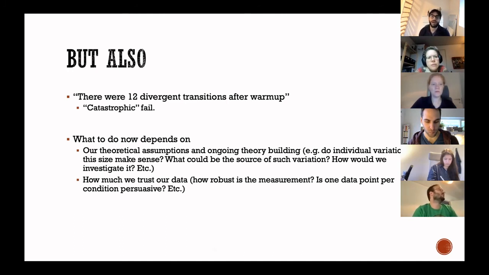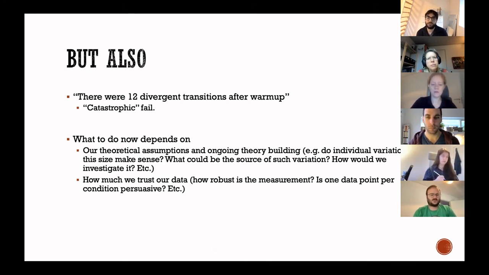Also, as you run the model, it will warn you that there were 12 or whatever number, because it's a probabilistic process you might get a different number, of divergent transitions after warm-up. Something has gone wrong as the model is trying to estimate the population mean and the individual effects. There's something that's not really working well. And that's what I meant yesterday by saying that the model often fails.